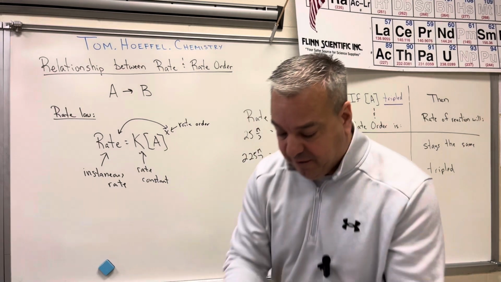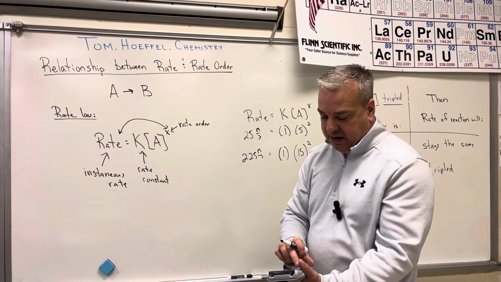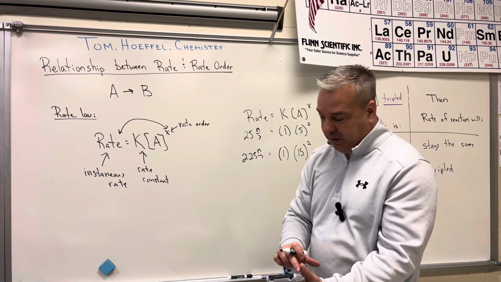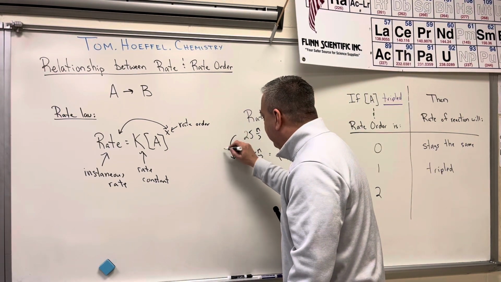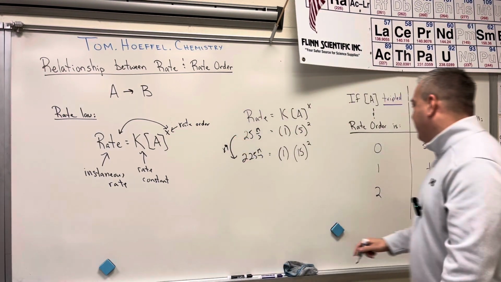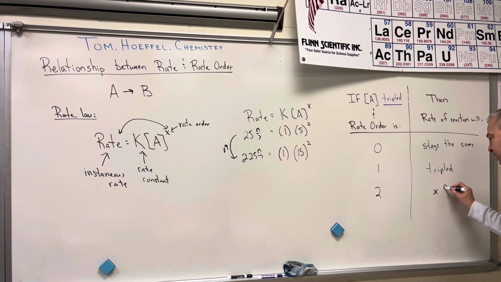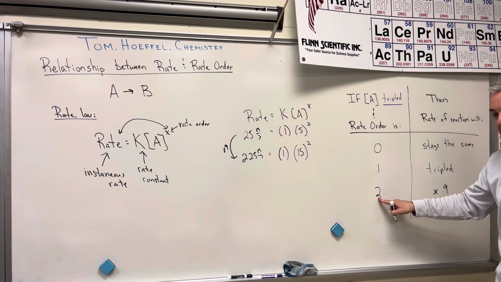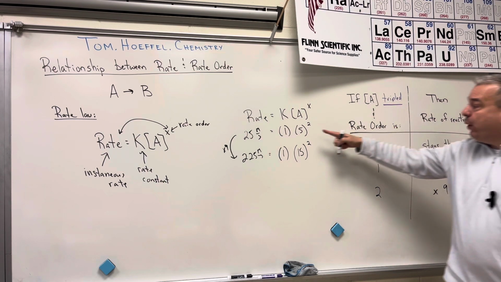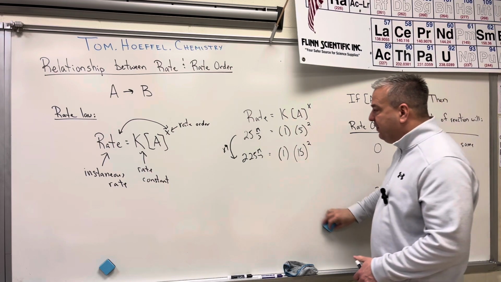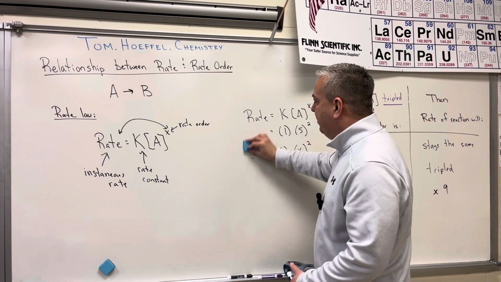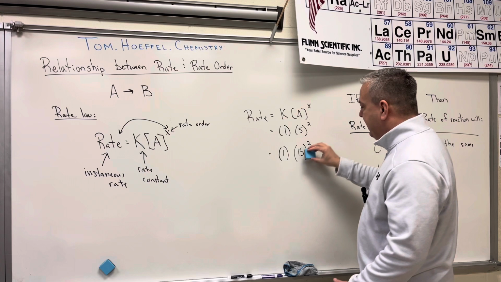And now we're going to try to figure out what type of factor that is. 225 divided by 25 tells me that that's going to be a factor of 9. So this is going to increase by a factor of 9 if the rate order is 2 and you triple your concentration. Now, I probably could have used some easier numbers other than 5 and 15 for this.